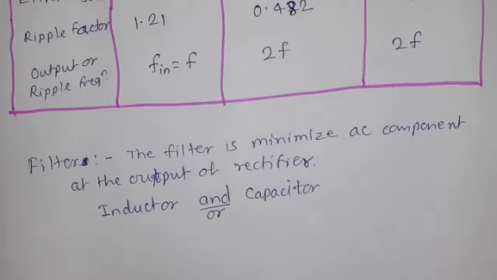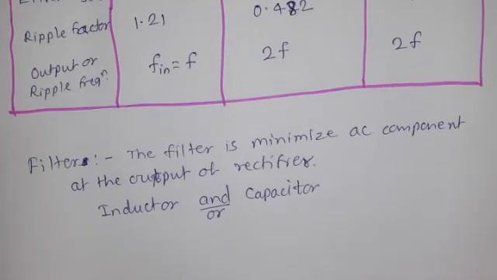Because of the reactance of the inductor and the reactance of the capacitor, we can design the filter circuit with the help of an inductor or capacitor or an inductor along with a capacitor, and design different types of filters.